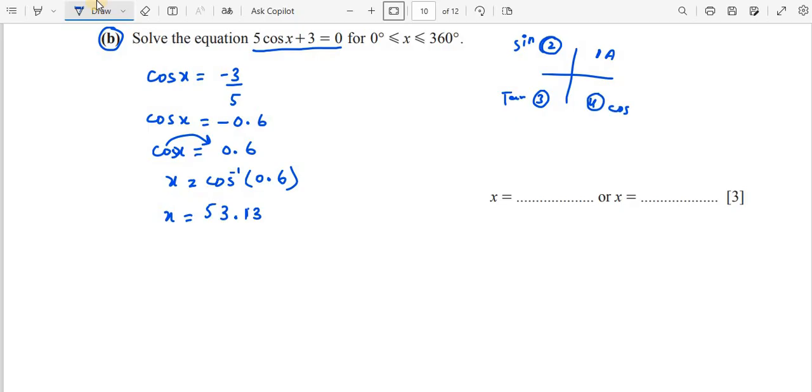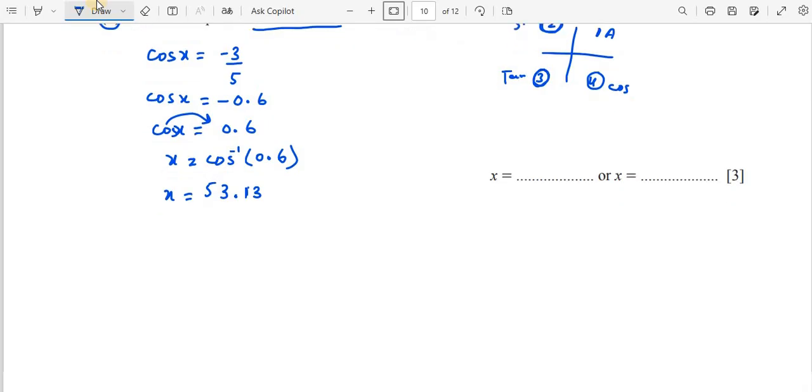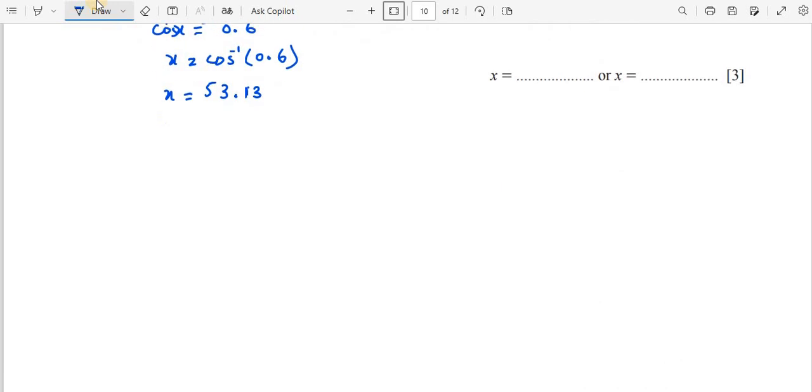So in the second quadrant and in the third quadrant, cos is negative. So the second quadrant starts from 180 minus this angle. This angle is equal to 53.13. The remaining is 126.87.